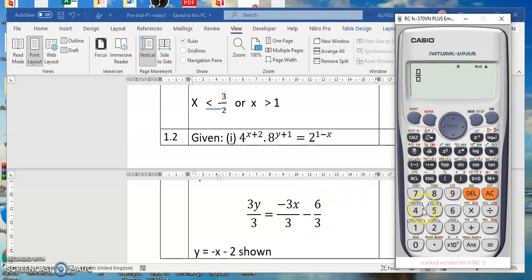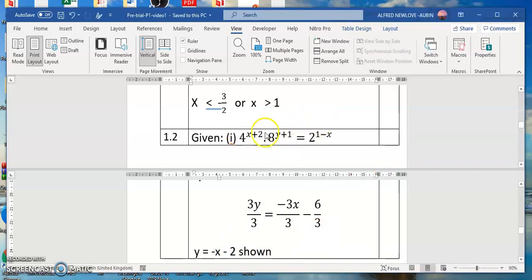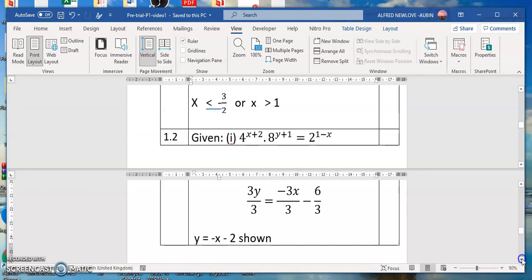Then you press your minus 6 over 3, which is going to give us minus 2. So we have shown that this equation is equal to y is equal to minus x minus 2.